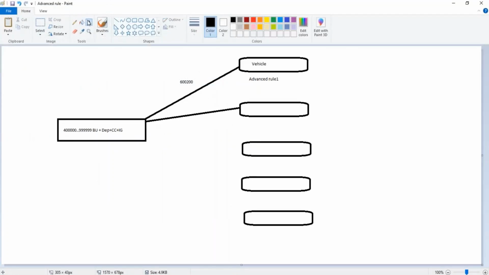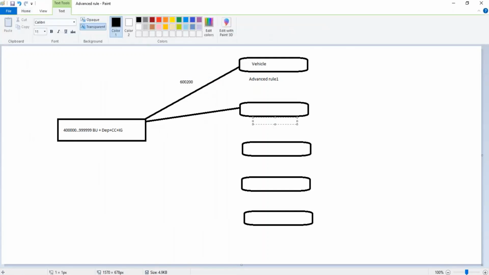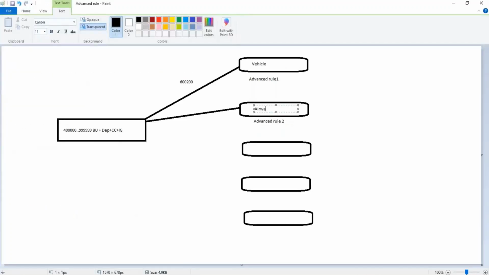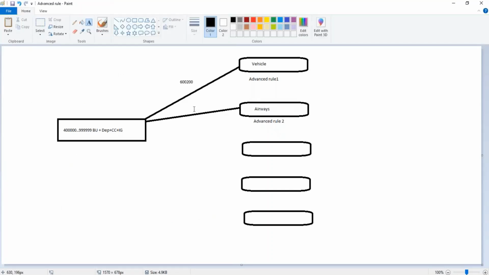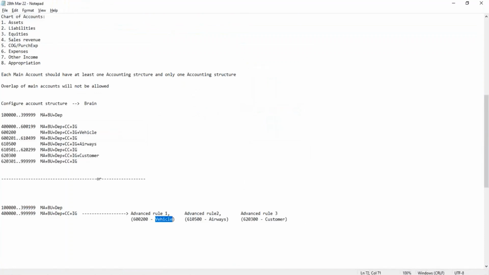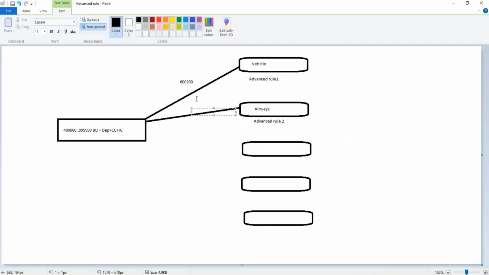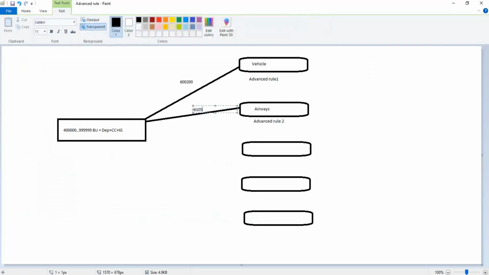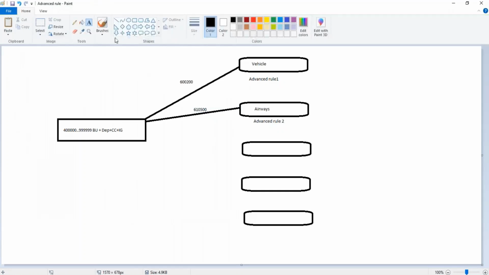Then I will create advanced rule 2, and here I can map Airways. For this Airways, I can map the ledger account. What is the account required? 610500, for example. I can map. Is it simplified now? Yes, sir. Well explained. Thank you.